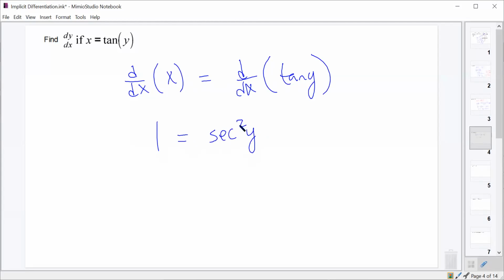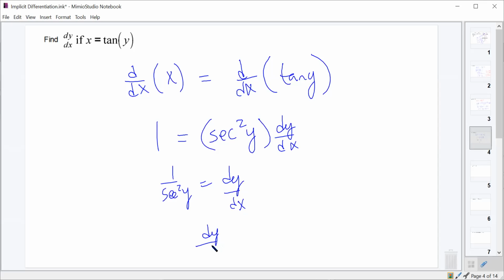Secant squared y, and we'll multiply that by dy dx, since we took the derivative of a term with y in it. So we end up with 1 over secant squared y equals dy dx, or we could say that's just cosine squared y. Good or no? Good.